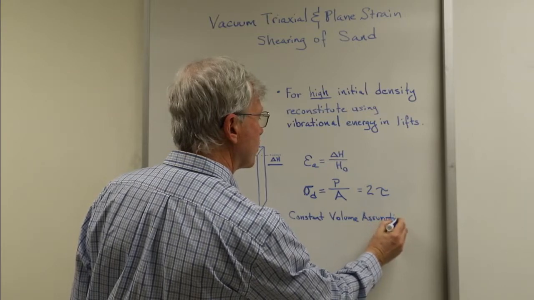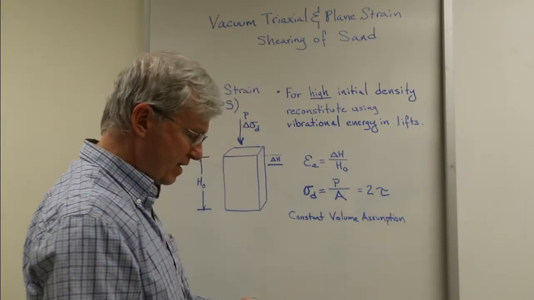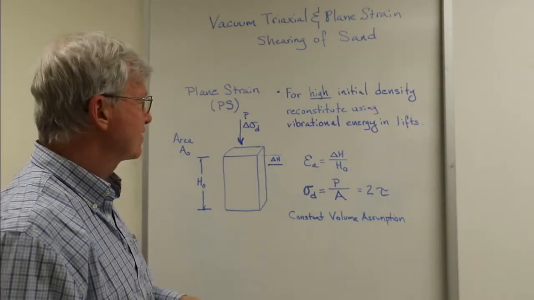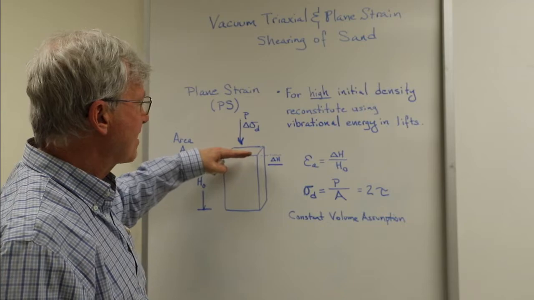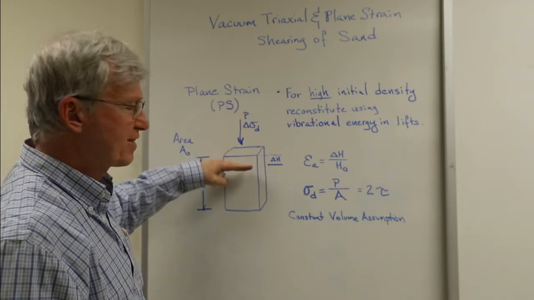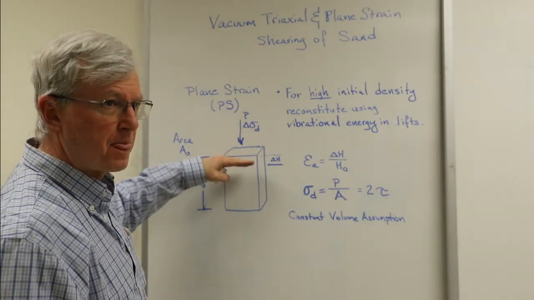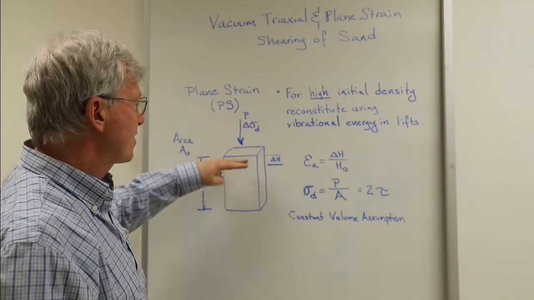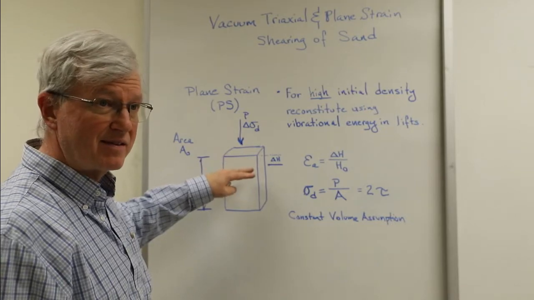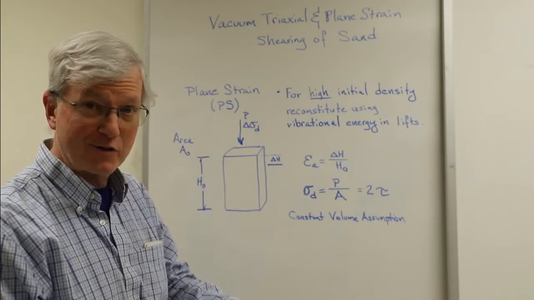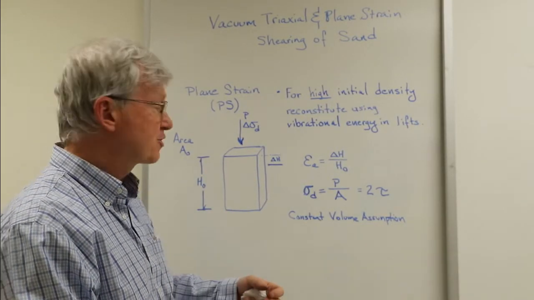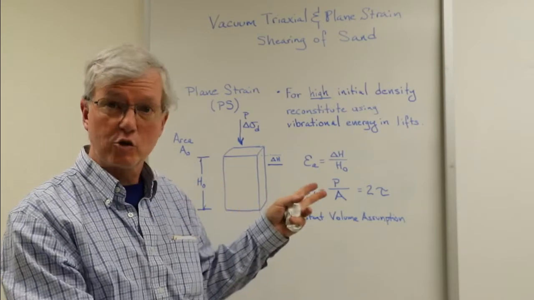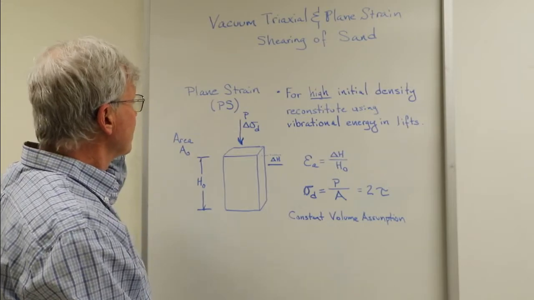And then we make an even worse assumption, which is that as either of the specimens, triaxial or plane strain, deform as they are compressed and they get shorter, we're going to assume that the geometry of the specimen remains either a right circular cylinder in the case of the triaxial specimen, or a right rectangular prism in the case of the plane strain specimen.